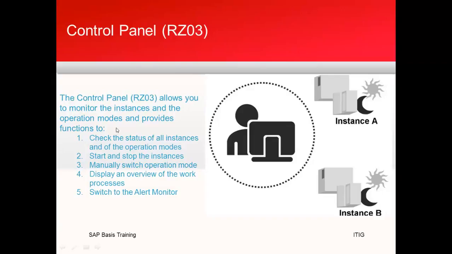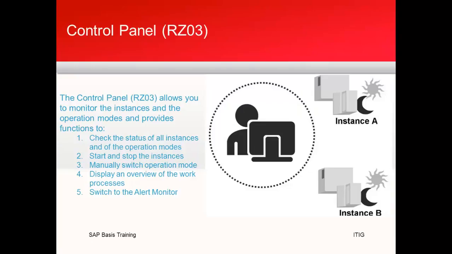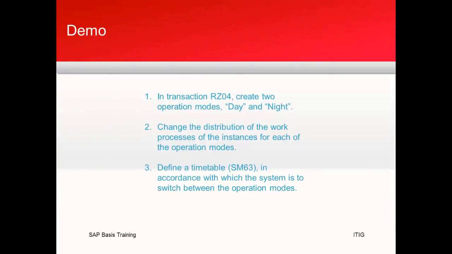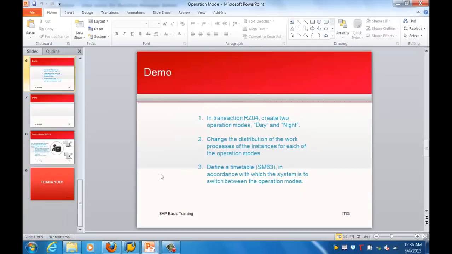It will show you the control panel which allows you to monitor the instances and the operation mode and provides functions to check the status of all instances and of the operation modes, start and stop the instances, manually switch the operation mode, display the overview of the work processes and switch to the alert monitor. So let's get into the system and see how it is done.